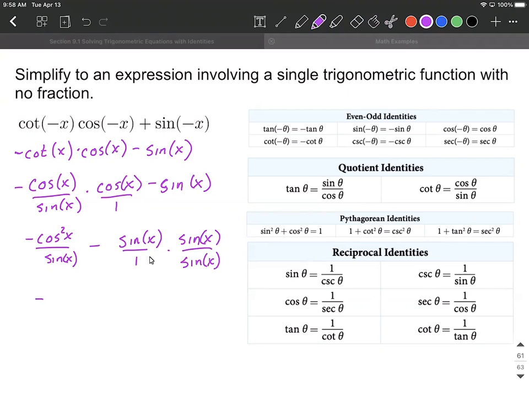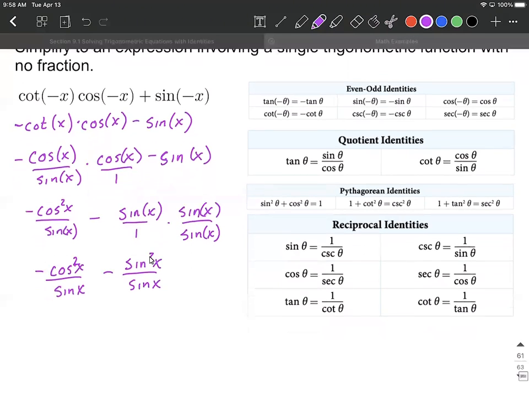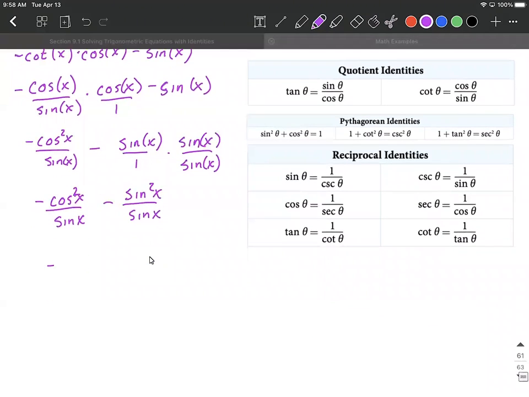This will make negative cosine squared of x divided by sine of x minus sine squared of x divided by sine of x. Now that we have a common denominator, let's make these into a single fraction. So we can say negative cosine squared of x minus sine squared of x divided by sine of x.